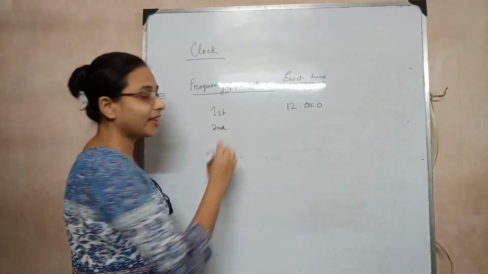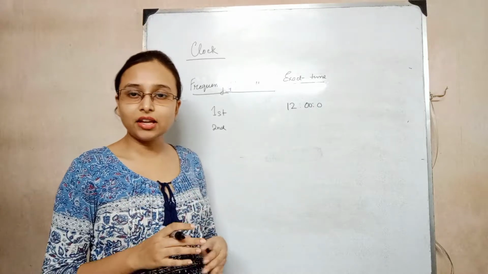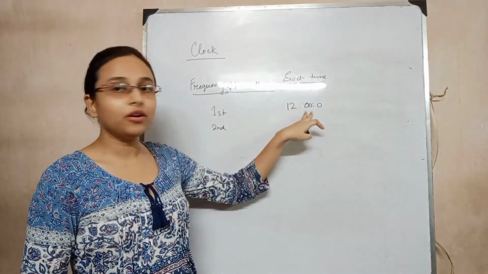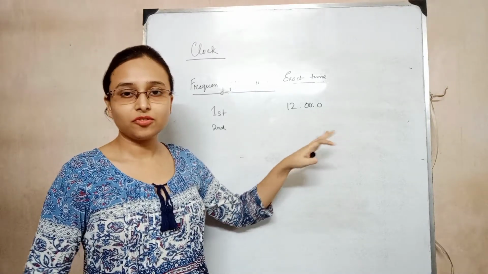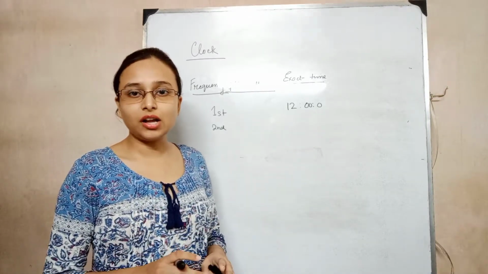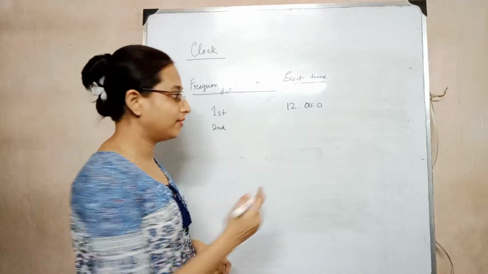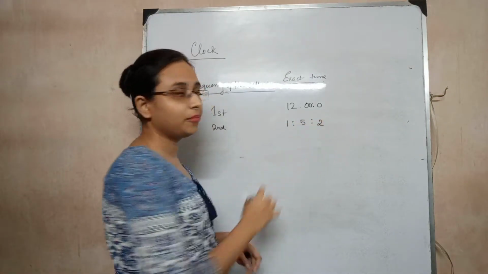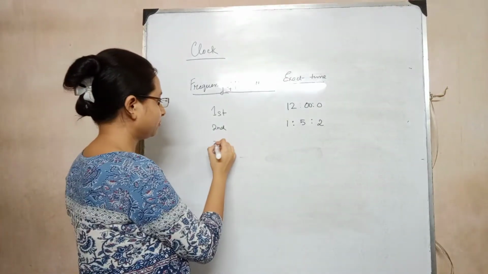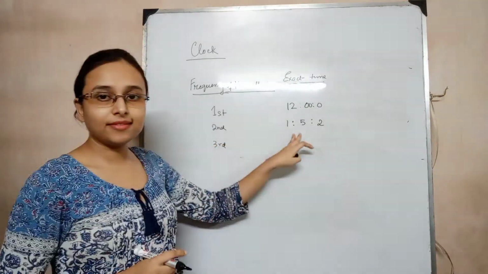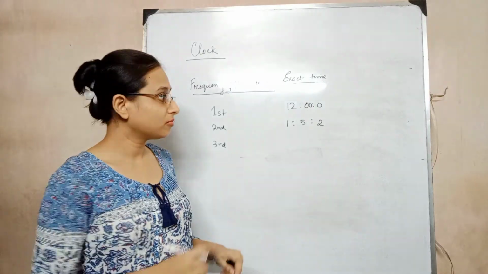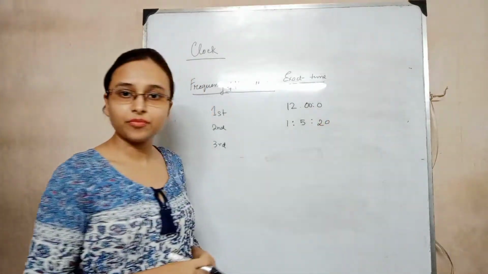Now, the second collision. This indicates hour, minutes and seconds. So you can assume that this will occur at 1:5:27, which means first hour, 5 minutes and 27 seconds.